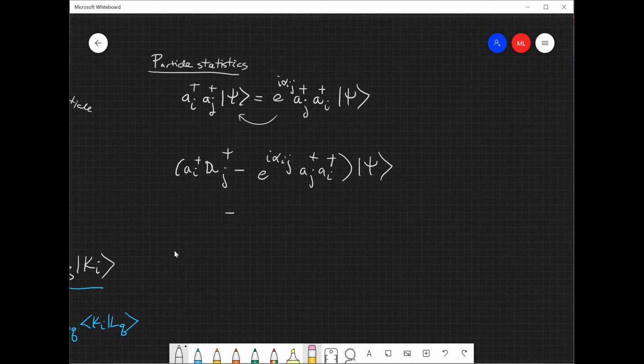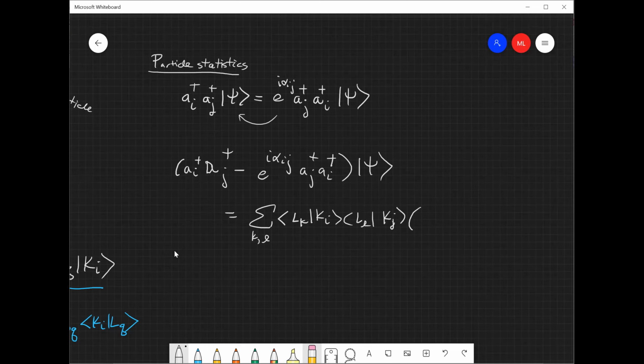And moreover, we know that we're allowed to change bases. So we can change these a's to any other creation operators b, and that'll look like a_i dagger equals the sum over k of U_ki b_k dagger, and similarly for j with l.